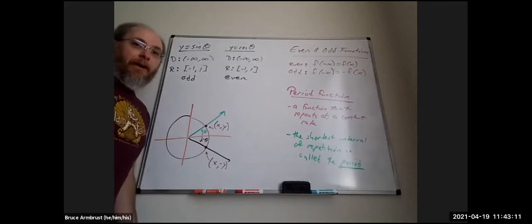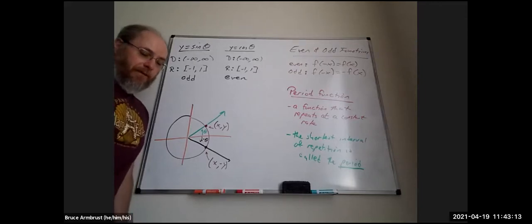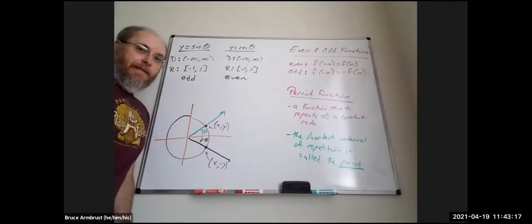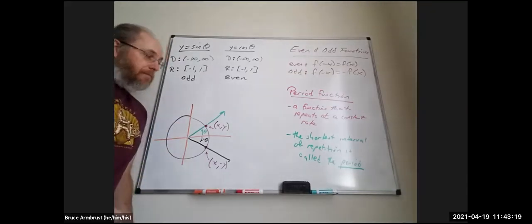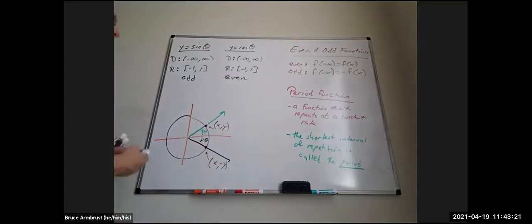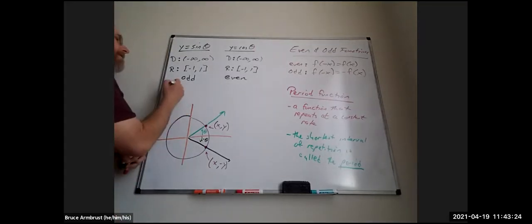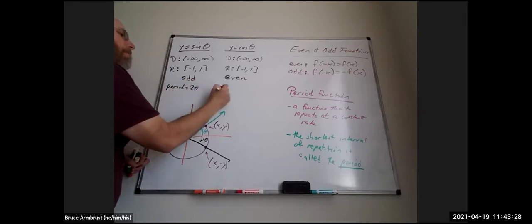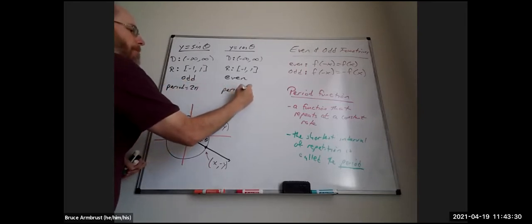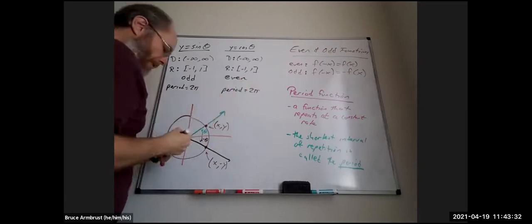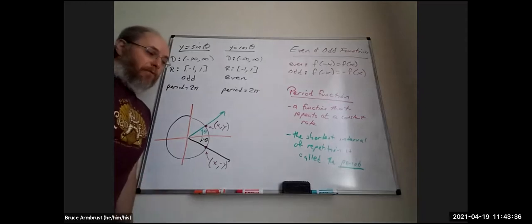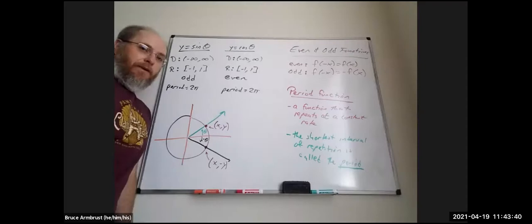So when you have a periodic function, something that repeats, the period is the shortest amount of time that it takes for that repeat to happen. And both sine and cosine are periodic, and their periods are 2 pi. Okay, so every 2 pi, we're going to get the exact same function value.